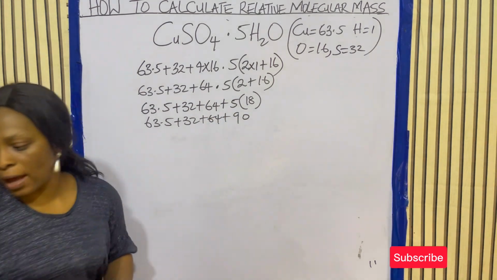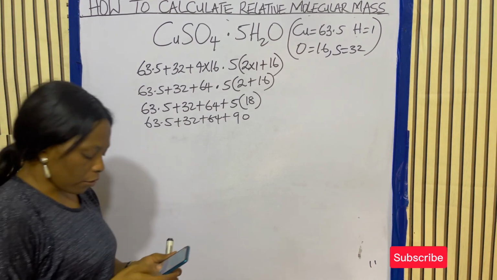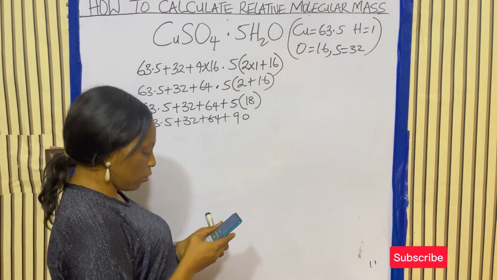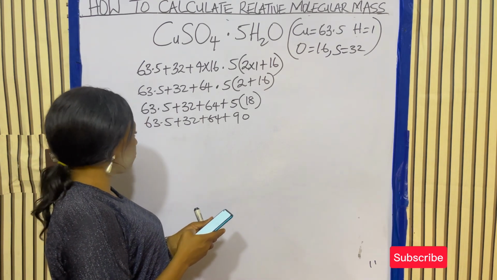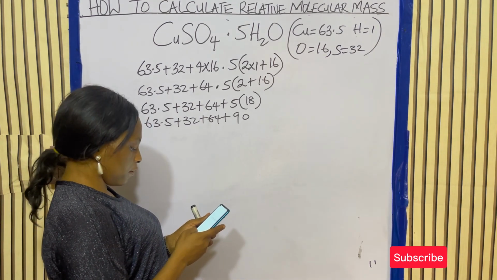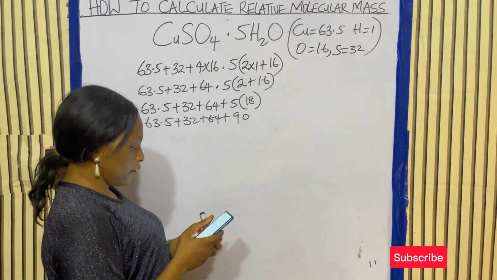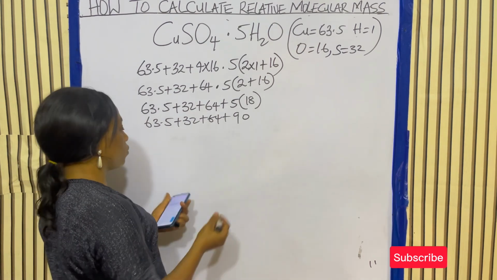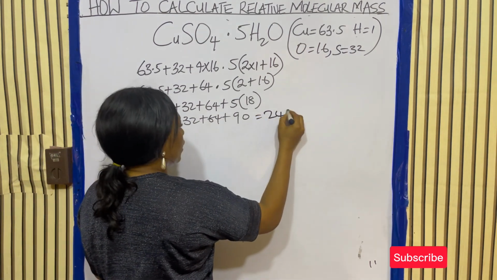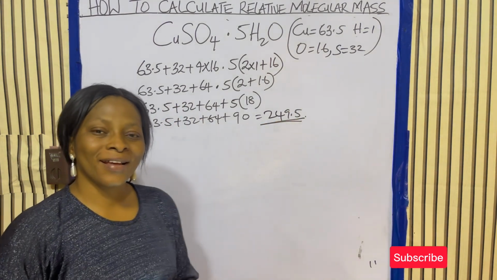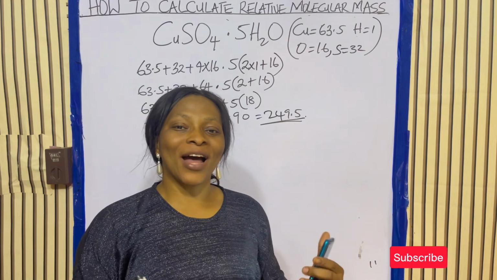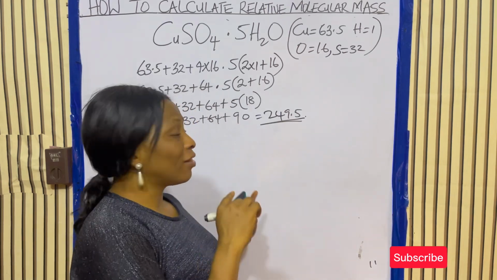So we are going to add up with our calculator and see what the figures will be. 63.5 plus 32 plus 64 plus 90. That is going to give us 249.5 answer.